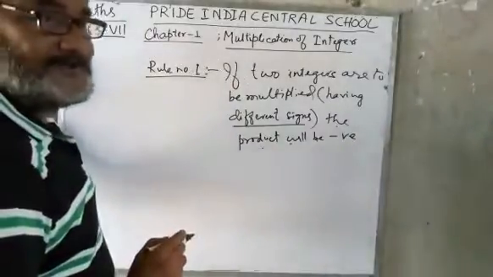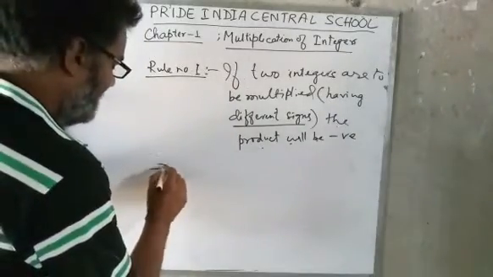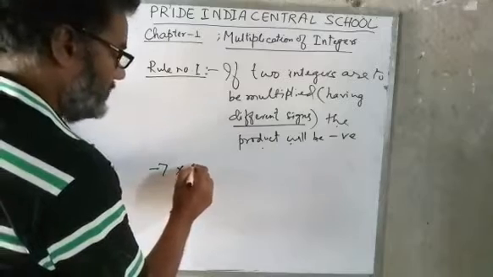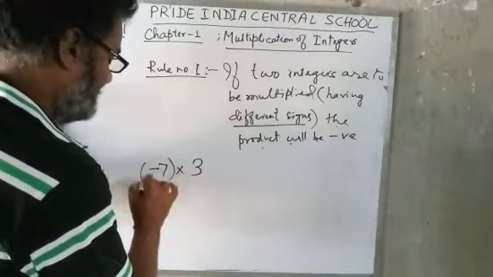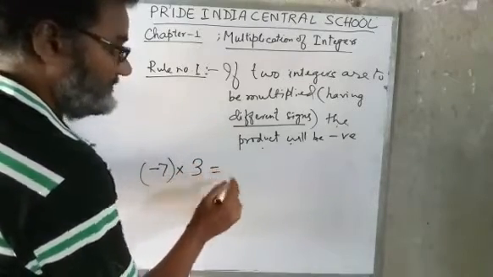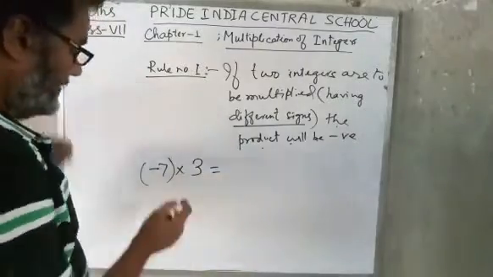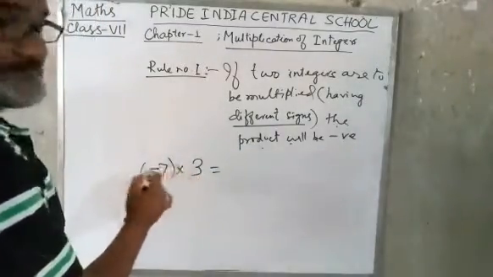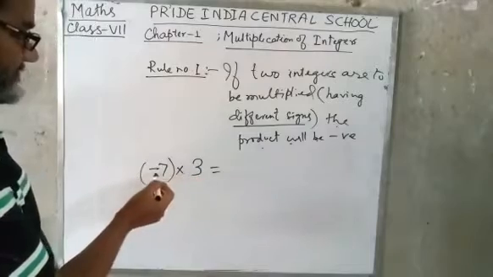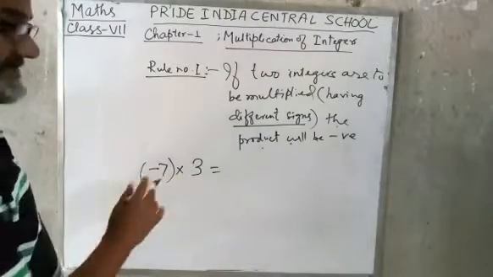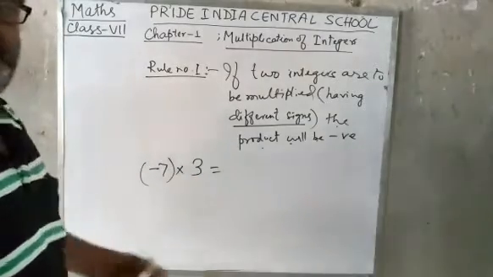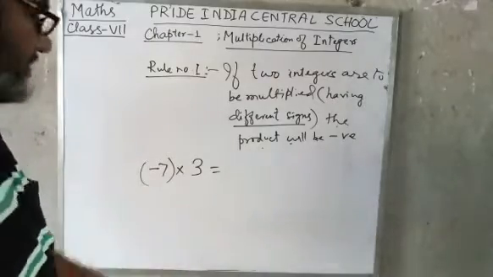If we have to multiply -7 into 3, then what will be the product? These two are of different sign. This is positive and this is negative, and we have to multiply it. What will be the result?